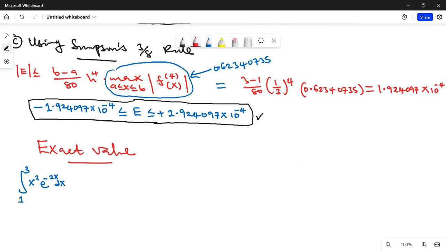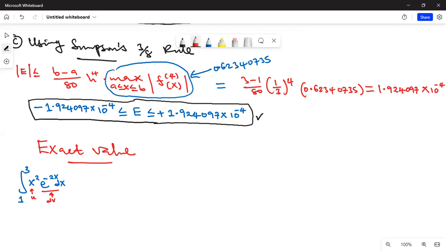As long as you see a product of two functions of x and one is not the derivative of the other, then you need to use integration by parts. So this will be our u, and these others will form dv. So we are going to use integration by parts. Now you realize that our u is a polynomial.